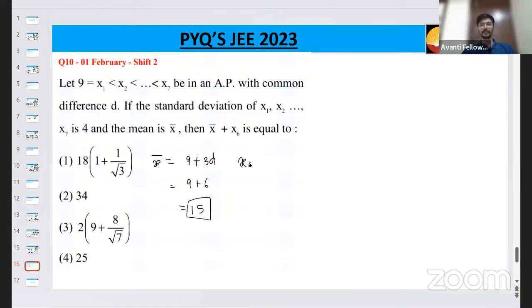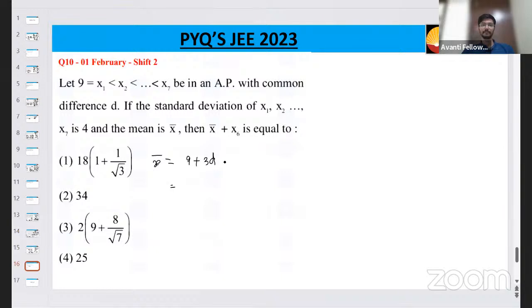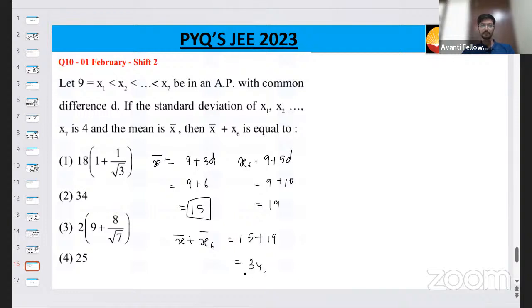What is x6, guys? x6 was 9 plus 5d. So 9 plus 10 is equals to 19. So x bar plus x6 is 15 plus 19, which is 34. So our option is option number 2.